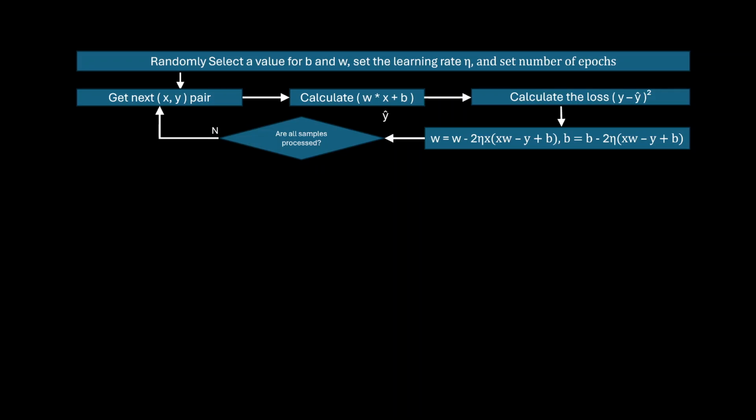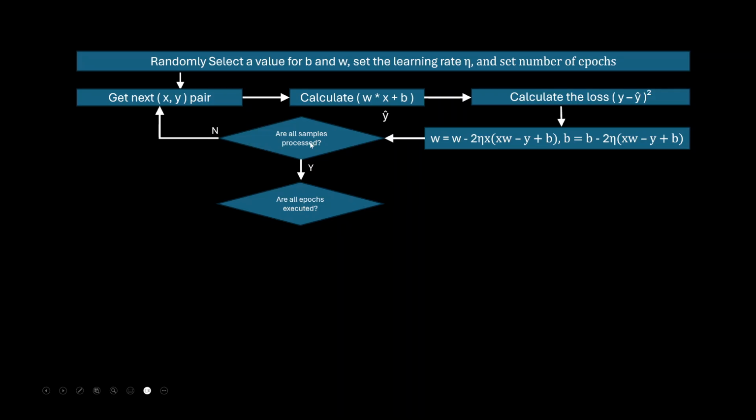We keep doing this loop until we are done with all the samples. So we go through this process right here until we are done with all the samples. When we go through all the samples, this is one epoch, just one epoch.